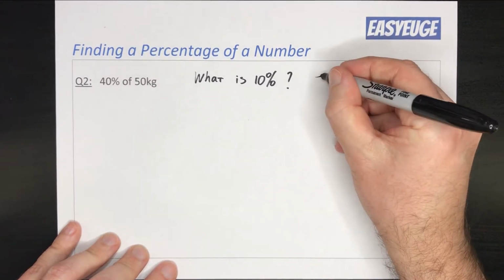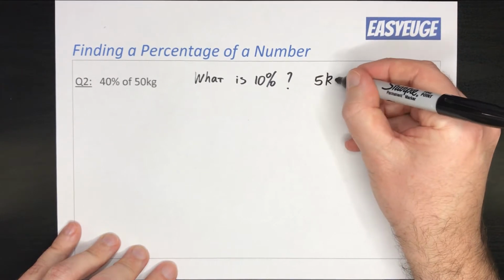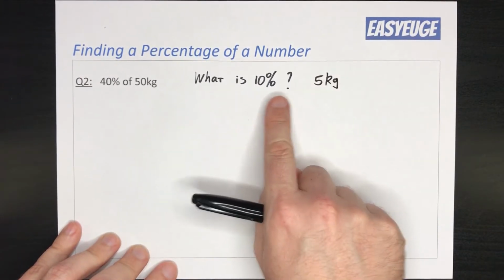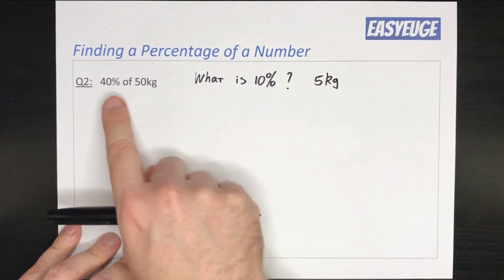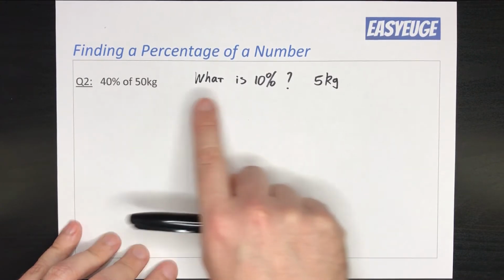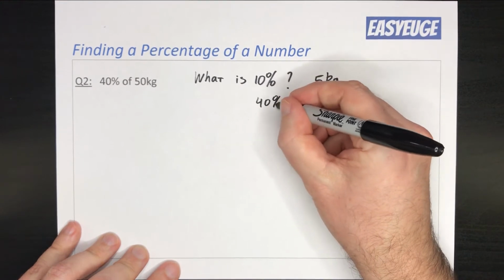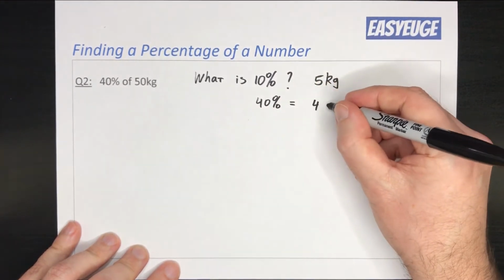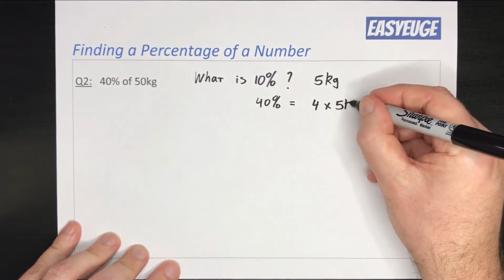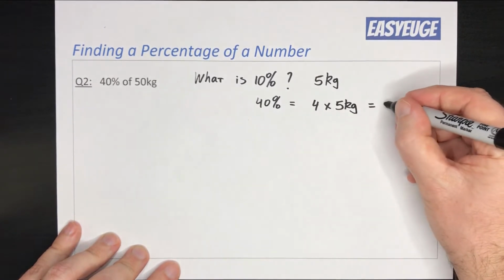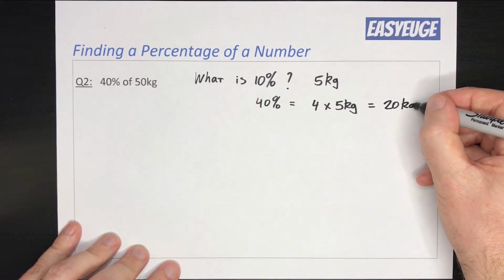So 10% would be 5 kilograms. So if 10% is 5 kilograms, 40% is 4 of those tens. So 40% then is 4 of those 10%, which is 4 of those 5 kilograms, which is 20 kilograms.